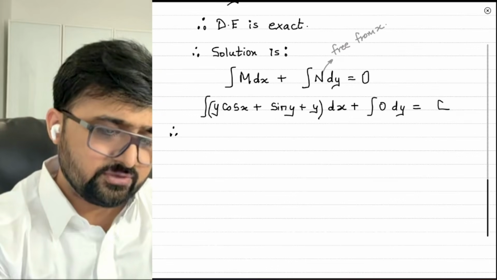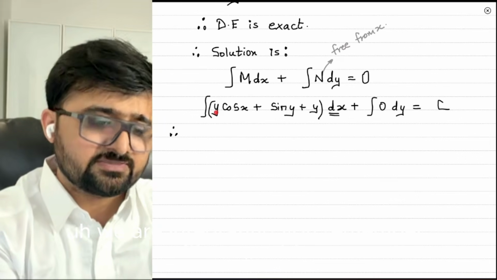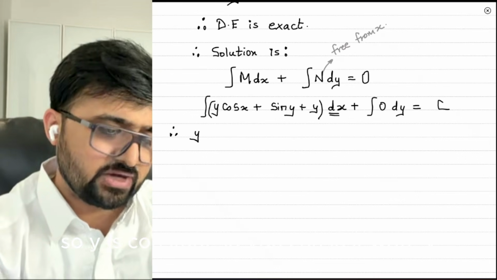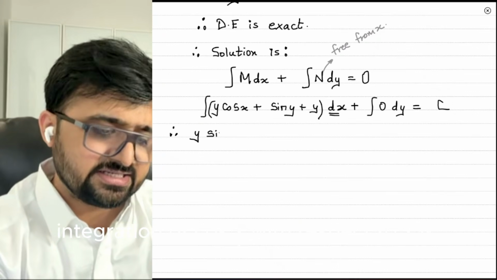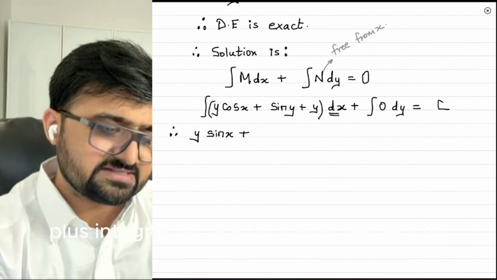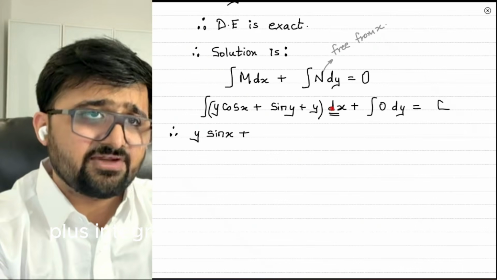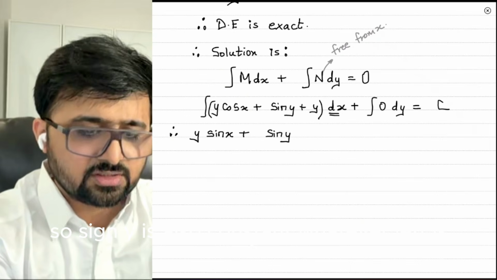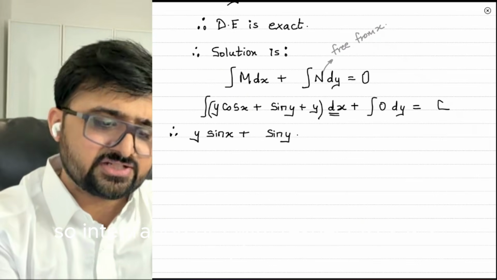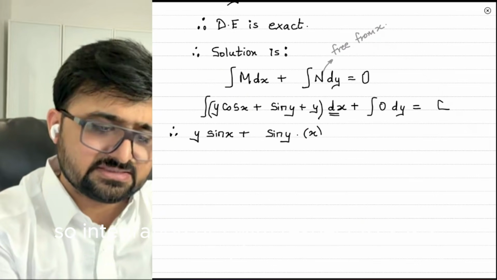Now, we are integrating here with respect to x, so y is constant. So you can just write y. Integration of cos x with respect to x is sin x, plus integration of sin y with respect to x. Remember, sin y is constant, so whatever is left is 1. So integration of 1 with respect to x is x.